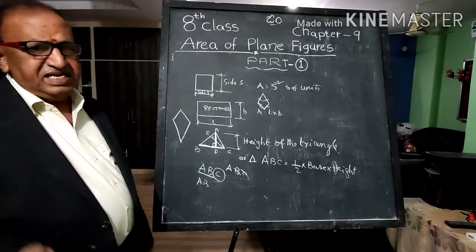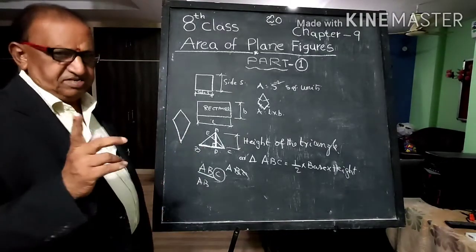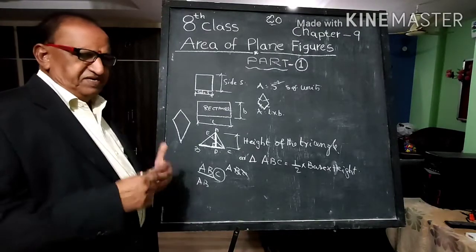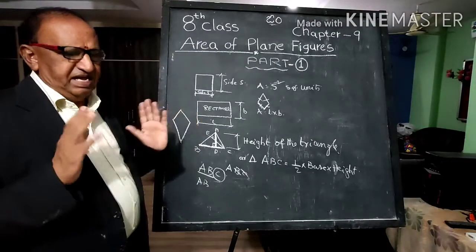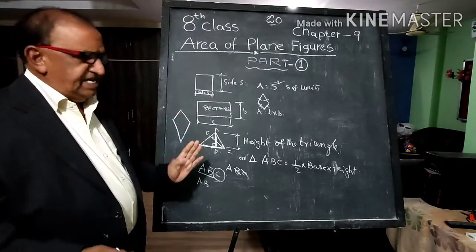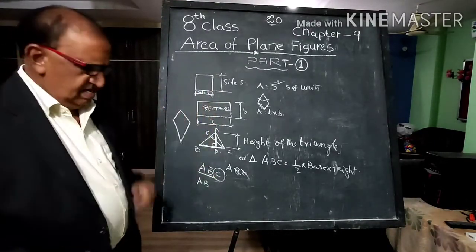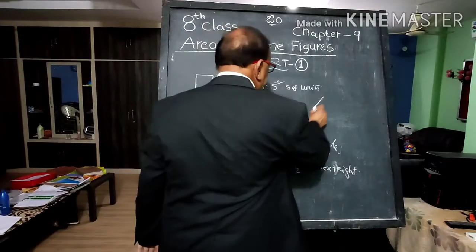The only thing that is left in your syllabus is a circle, a combination of different circles and all that. But the important thing is area of the triangle. You have to understand the triangle very well. I will tell you, suppose I draw a triangle like this.